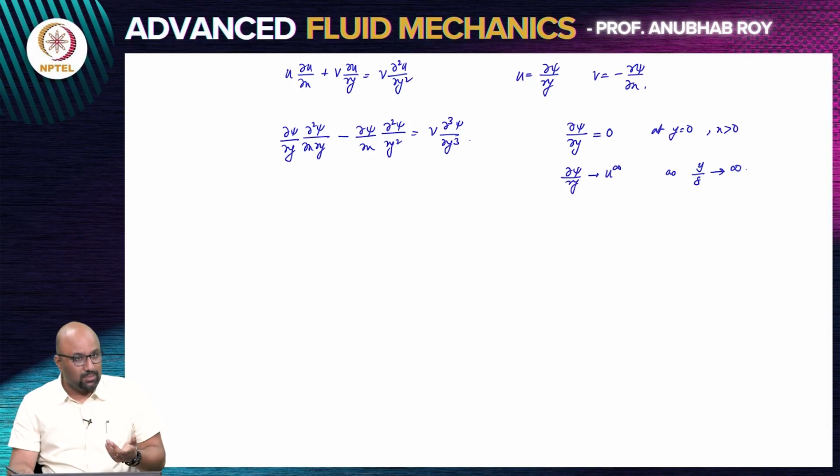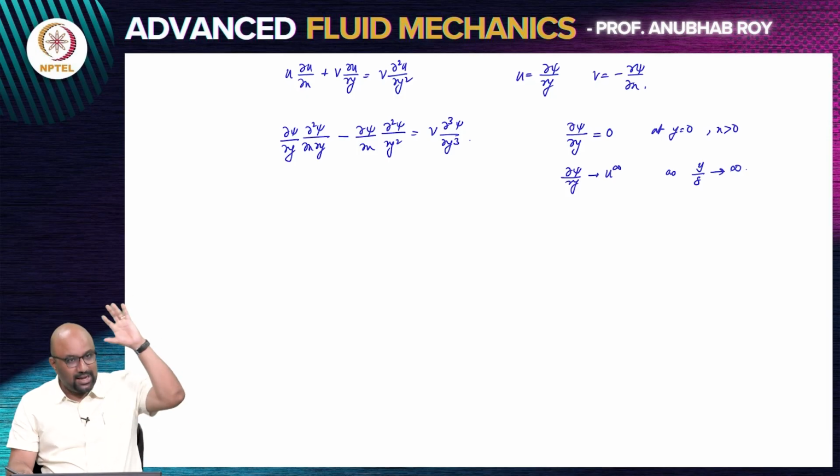But in other problems where you have the inviscid exterior, y approaching infinity is inaccessible from the boundary layer. The boundary layer cannot access infinite distance from the plate because that lies in the inviscid region. It can only access the edge of the boundary layer, which is y by delta going to infinity.